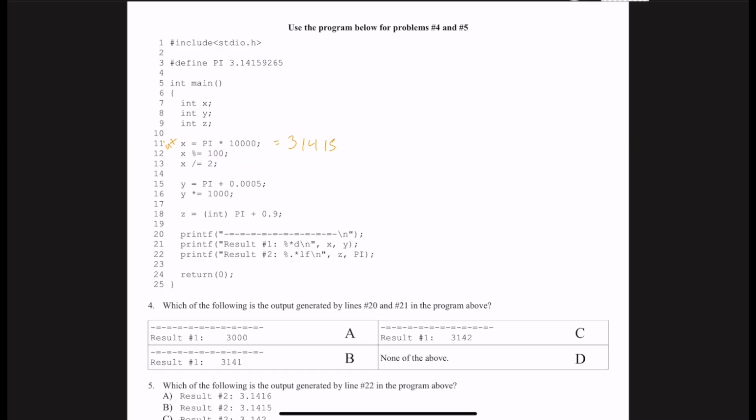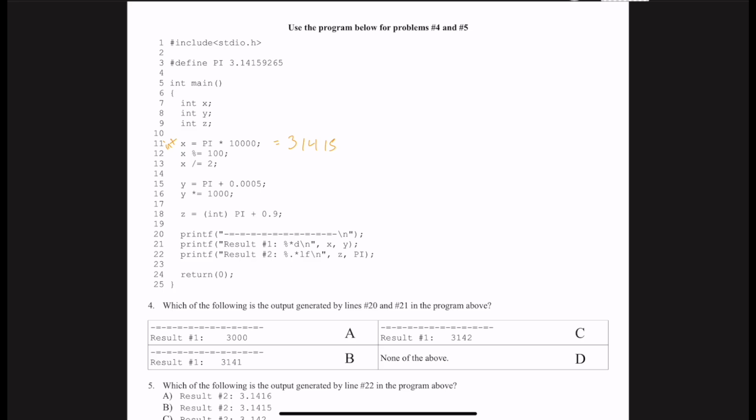And so if you watch my videos on questions 1 and 2, you'll see that I combined multiple lines of code into one long equation because I was assigning it to a float, so I didn't need to worry about information loss. Because x is an int, we need to solve this line by line, or else our answer will change. So x is equal to 31415.